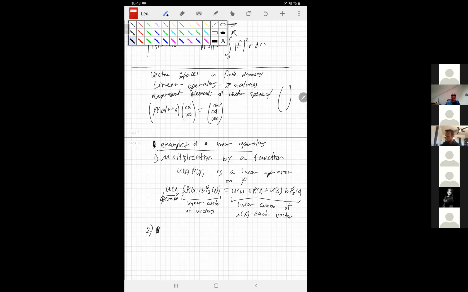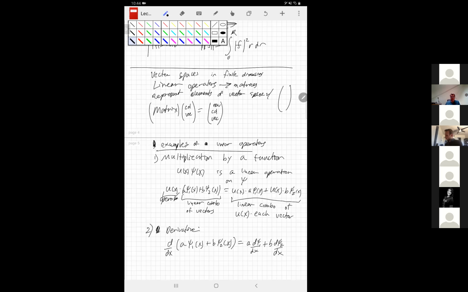Here's another linear operator. Derivative. D by dx of a psi 1 of x plus b psi 2 of x equals a d psi 1 dx plus b d psi 2 dx.